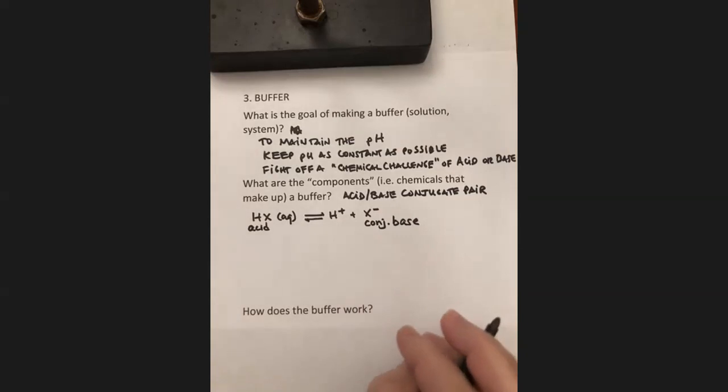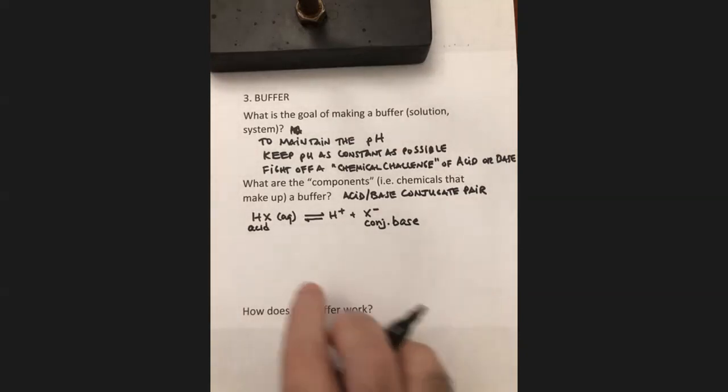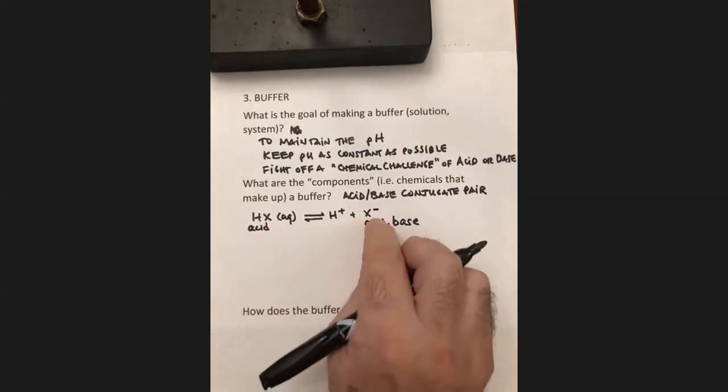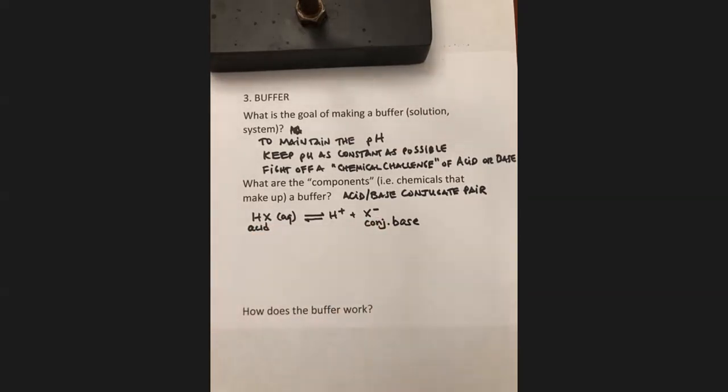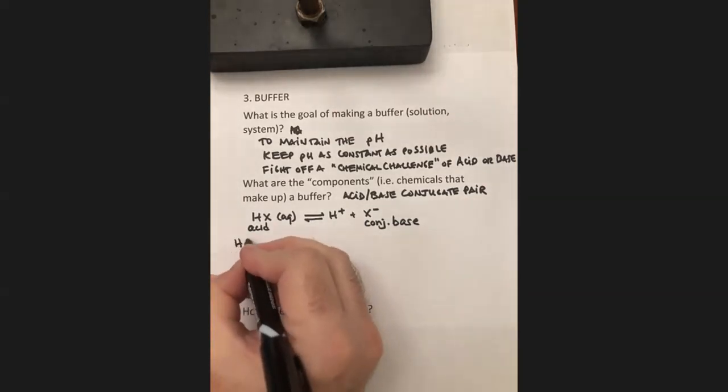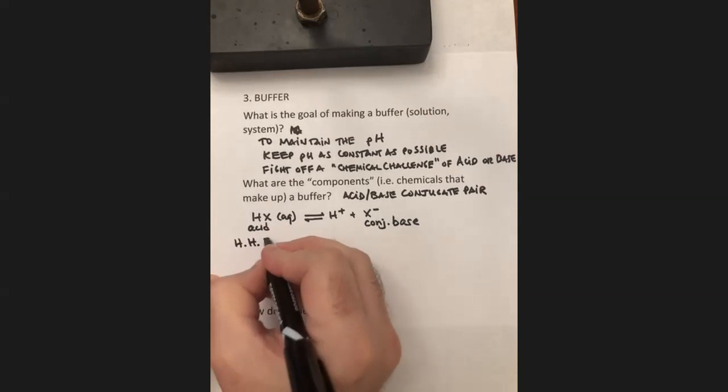So what I'm going to do is go ahead and make my solution. I'm not going to simply put the acid in because it's not going to generate enough of its conjugate base. I'm going to throw them both in, right? And we said that we can develop what is kind of a modified version of Ka, which is what we call the Henderson-Hasselbalch equation.